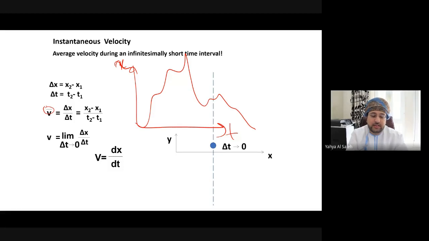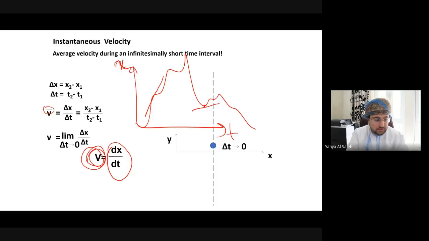Dx by dt, the differential of my function, is the same as taking a tangent line. So my dx by dt at this point is the tangent line here, otherwise known as the slope or the gradient. In this case, our gradient, our slope, is velocity.